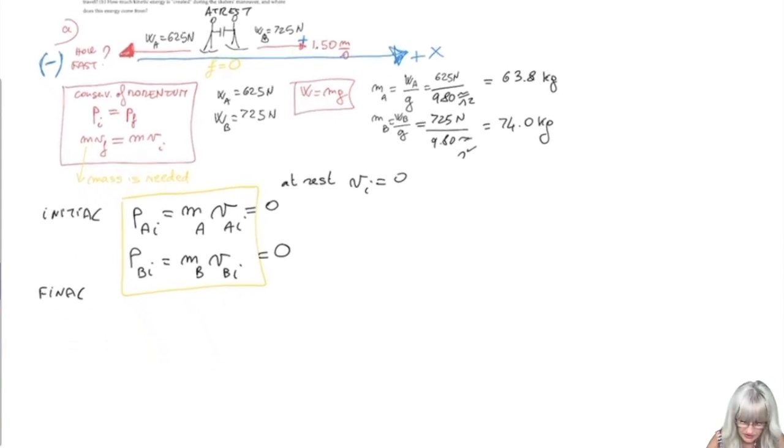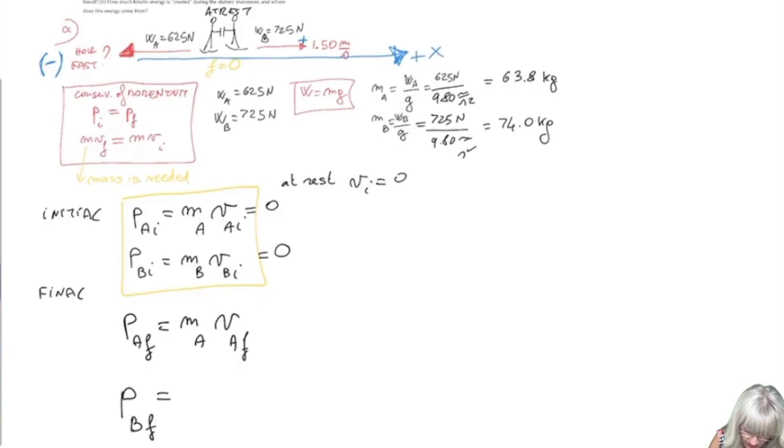I want you to reason also for the final: momentum of object A final, mass of A, final velocity of A; momentum of object B final, mass of B, velocity of B final.